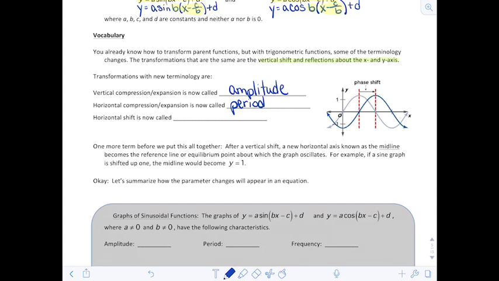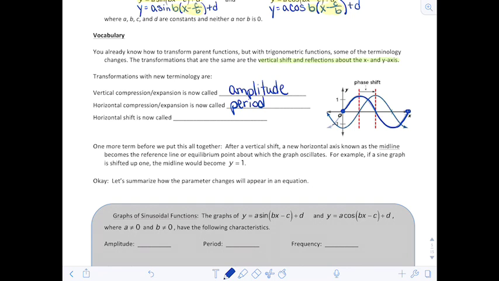The period is how long it takes the function to complete one full cycle. If we look at the graph to the right as a sine graph, we start at the origin, and this is one complete cycle before it repeats again.